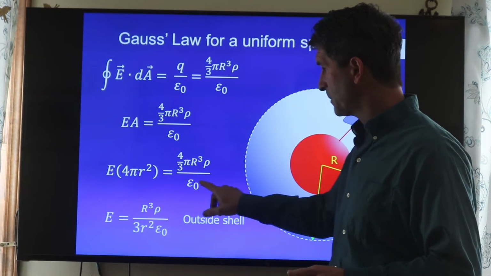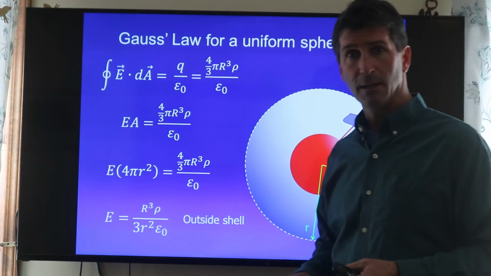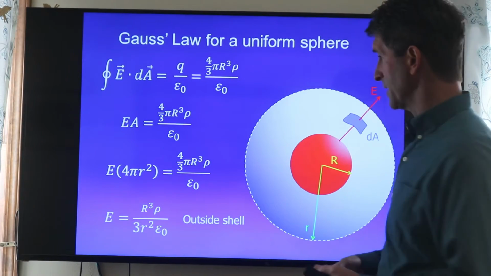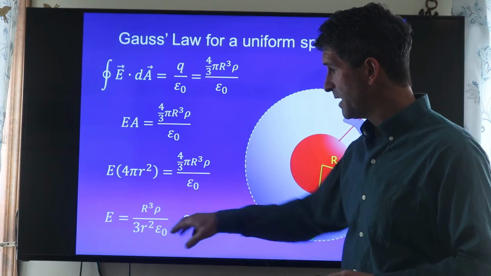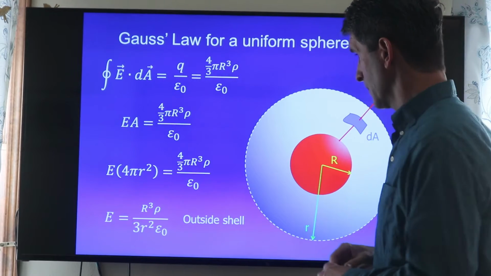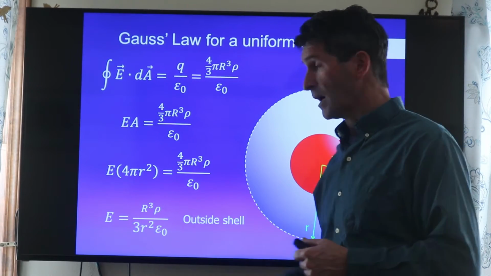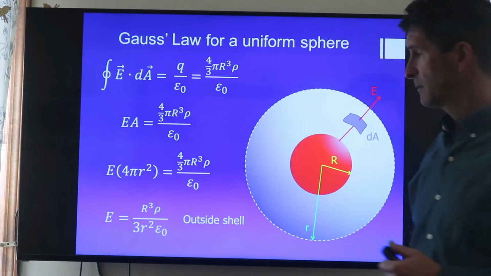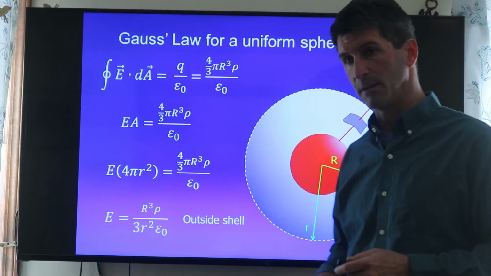I'm going to divide both sides by this. That makes pi and pi cancel out right there. 4 and 4 cancel out. And we see that the electric field outside a sphere of charge is equal to the radius cubed of the charge times the charge density, divided by 3r squared over epsilon naught.